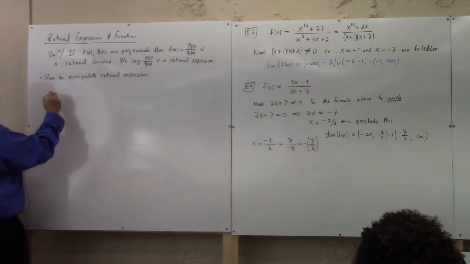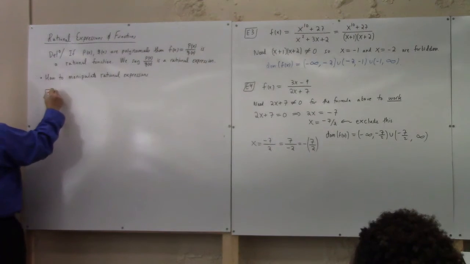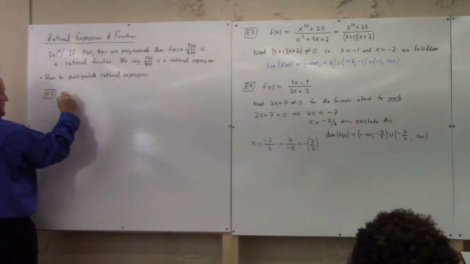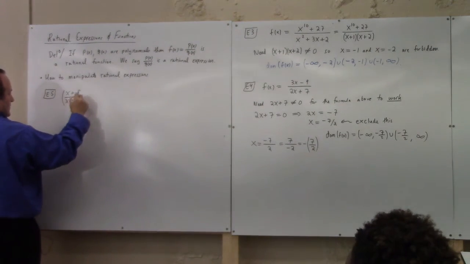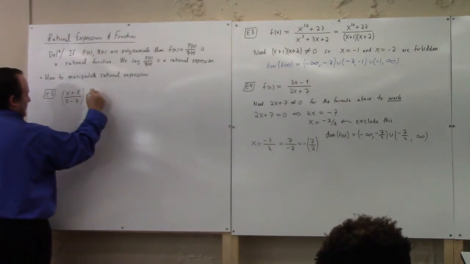So example 5, let's say. Suppose we had x plus 8 over x minus 7. All right, and we're multiplying that by x over x. How's that go?